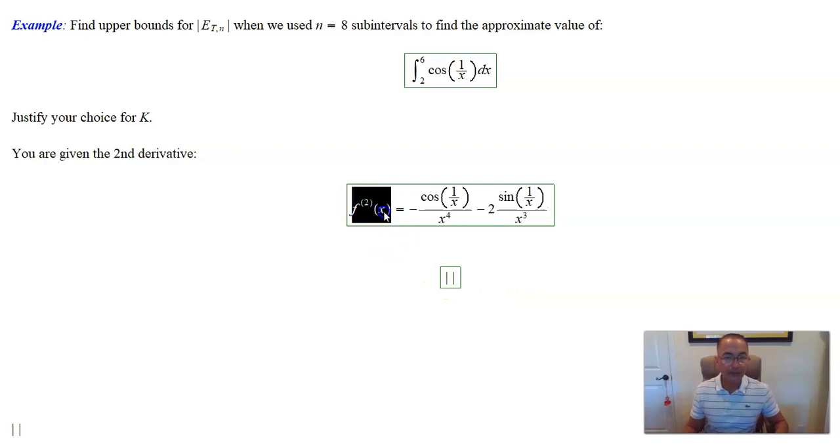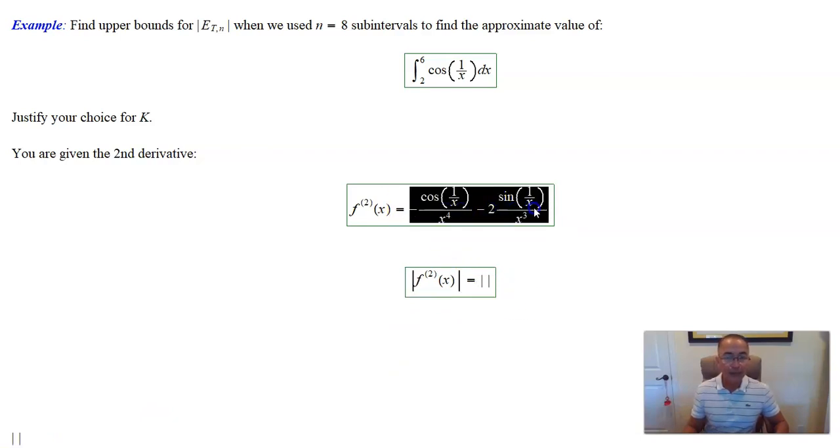All right, so I'm going to copy the symbol in here. Okay, so we know that this is our second derivative. Excuse me, too many pastes. And well, first thing we'll do is wrap this second derivative in absolute values.